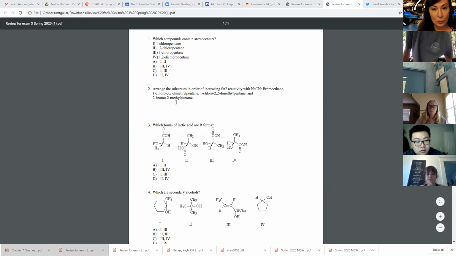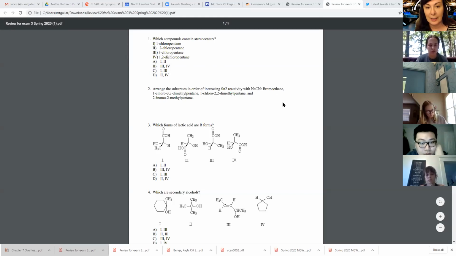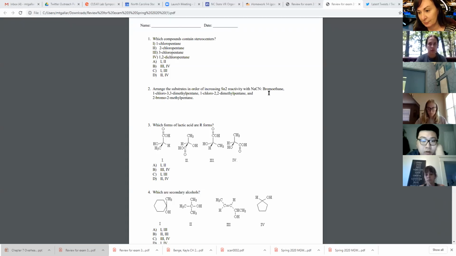Number 2 asks you to arrange the substrates in order of increasing SN2 reactivity with sodium cyanide. Bromoethane, 1-chloro-3,3-dimethylpentane, and so on. How do we go about answering this question? Well, there's a reactivity order about which one increases or decreases SN2 reactivity.